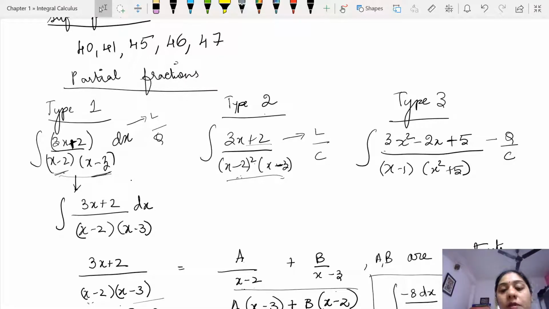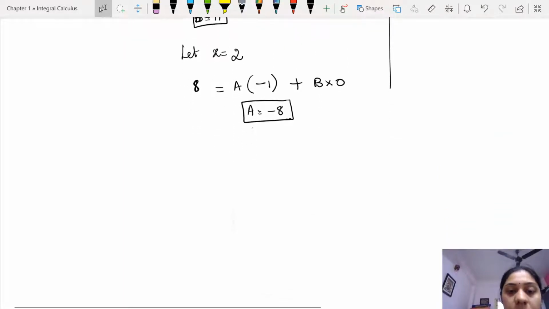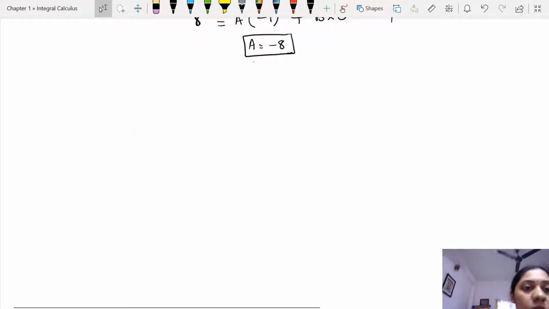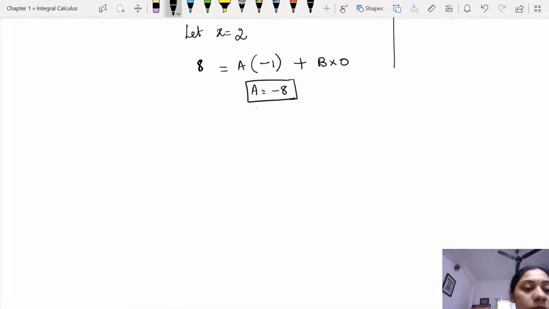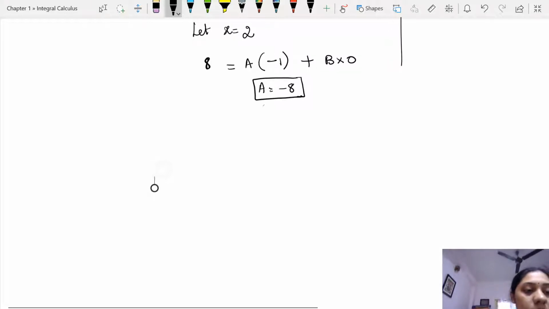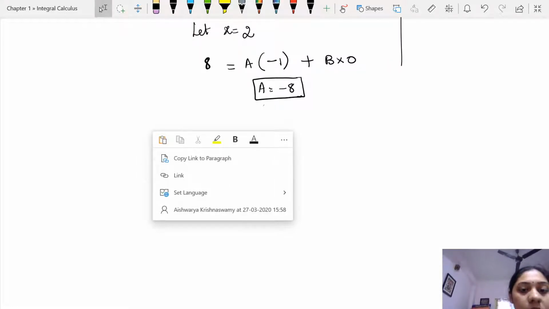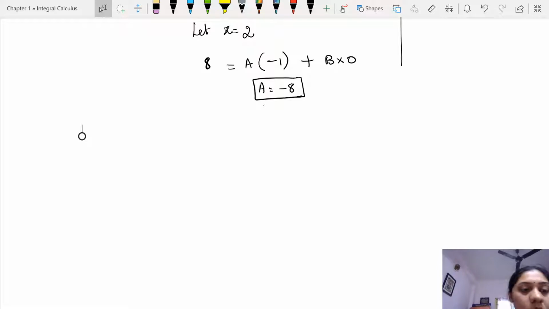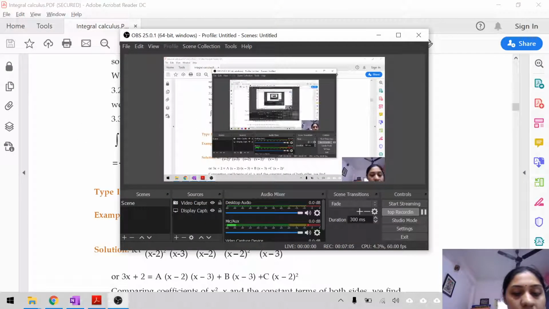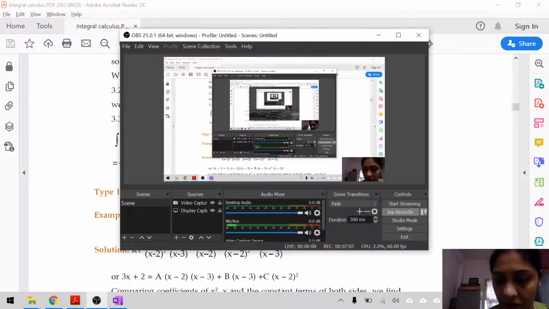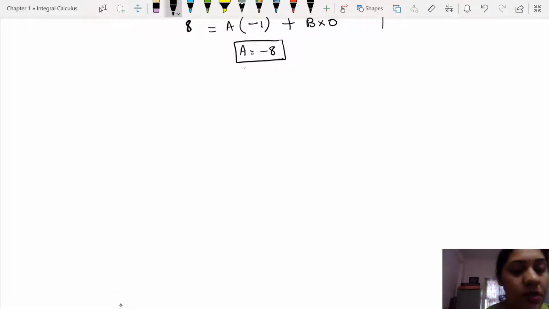Integral 3x plus 2 divided by x minus 2 the whole square into x minus 3. Let's see what to do in this case. Okay, so let's go back to type 2 now.